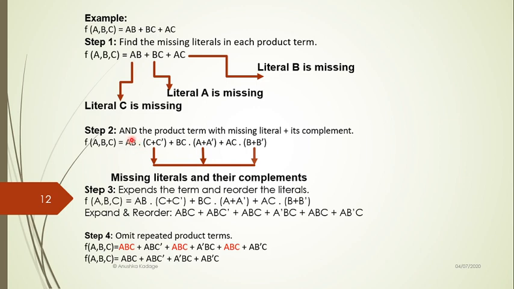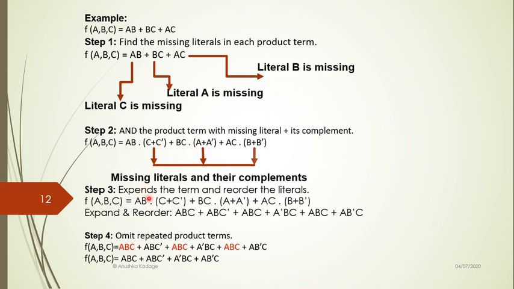So here C was missing. In brackets we have written the ORing of C and its complement and ANDed it with the original term that is present. Here A ORed with A dash is ANDed with BC, and similarly B ORed with B dash is ANDed with AC. So the missing literal and its complement, ORed, are ANDed with the terms present in the given expression.